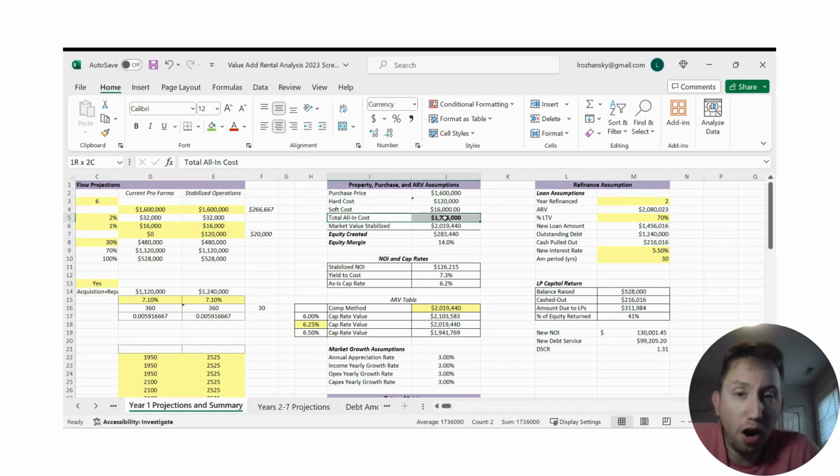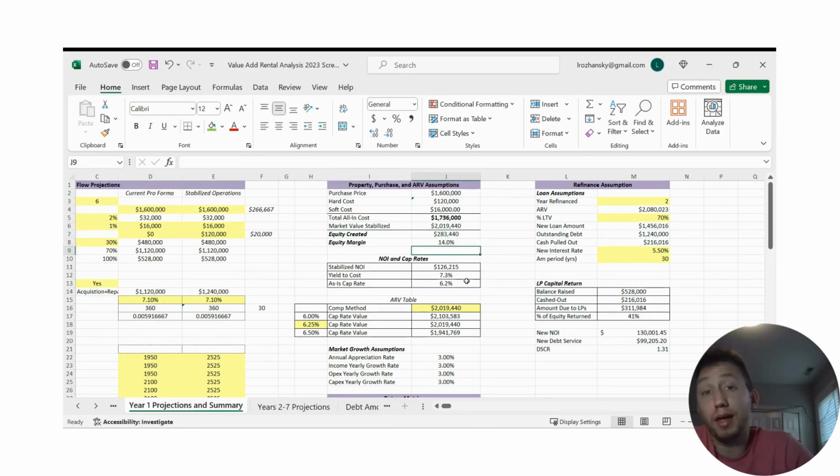And we want to figure out our total all-in cost, which is 1.736. Then we want to look at the market value when this building is stabilized, and I'll show you guys how we determine this. But in this case, we penciled it out to just over $2 million, which means we created about $280,000 of equity, or about 14% margin. Which, again, in Boston, is pretty solid. Those are numbers that I would typically be pretty interested in.